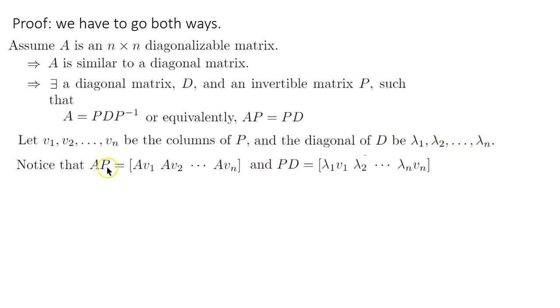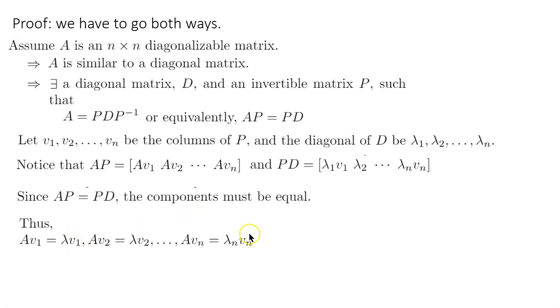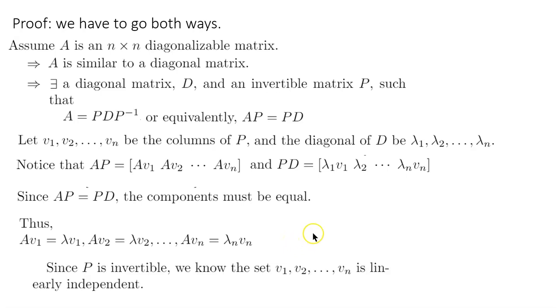Notice that AP, if I multiply A times P, it's A times each of those vectors. And notice that PD gives me lambda 1 v1, lambda 2 v2, through lambda n vn. And I know that that is equal to that because it's diagonalizable. So the components are equal, which means we have n eigenvalues and n eigenvectors. Since the vectors were the columns of P, which is invertible, that means they have to be linearly independent. So we have n linearly independent eigenvectors.